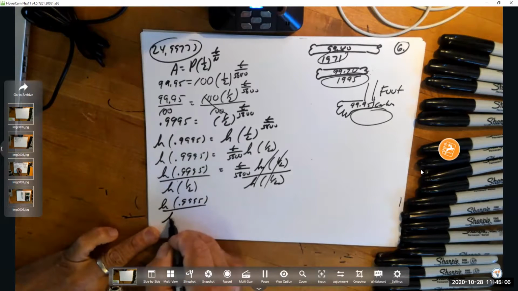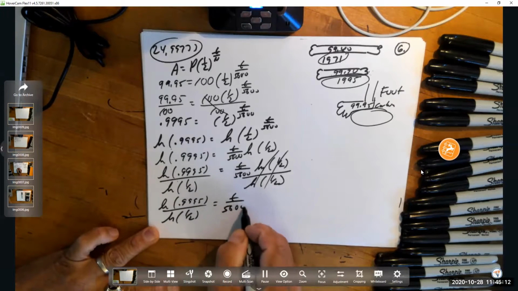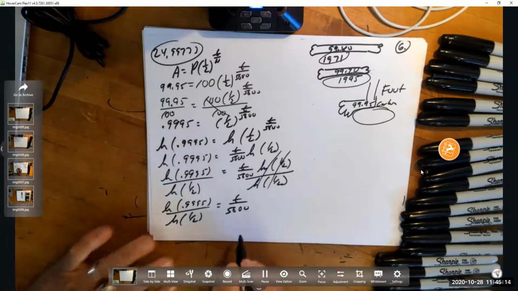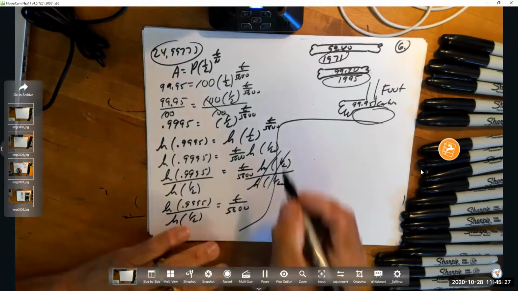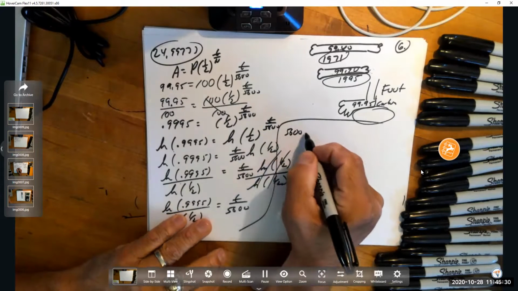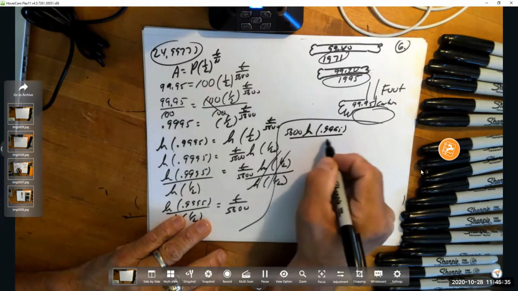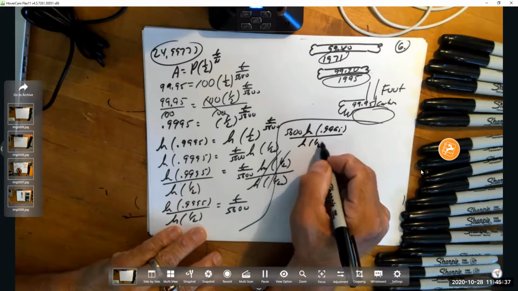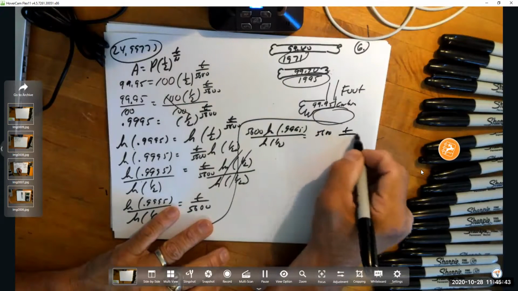All right, so now I'm going to ask you the next step. I'm going to multiply both sides of this thing by what number? Multiply the left side and the right side by what number? 5600, right. 5600 times the left, 0.9995 divided by ln of 1/2, and the other side also by 5600 times T over 5600.